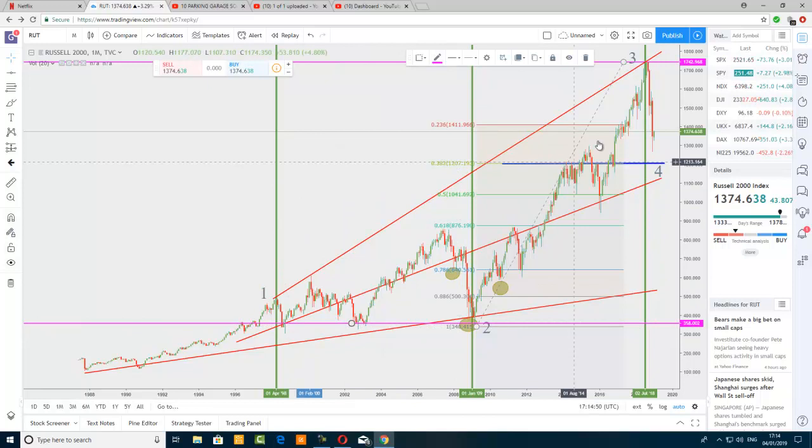From there, the price continues to display higher lows and higher highs. So we can say that from 1988, Russell 2000, talking about the long-term trend, was bullish. The medium-term trend sometimes was bearish, but the long-term trend is bullish. So where are we now?